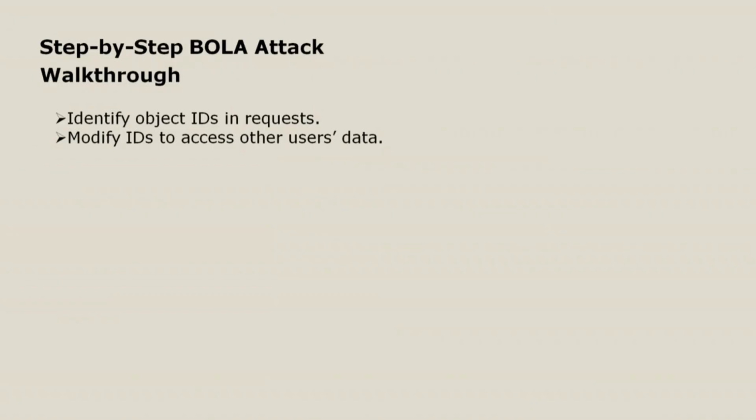Now we are going to discuss the step-by-step BOLA attack walkthrough. The first step is to identify object IDs in requests, because the attacker will modify those IDs to access other users' data. Next, we have to observe unauthorized data exposure.